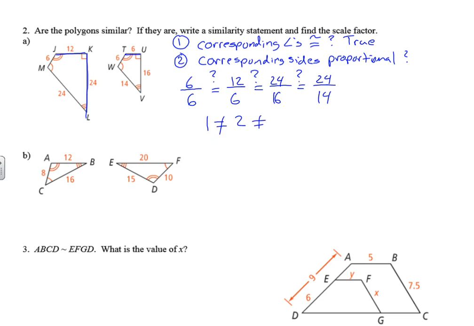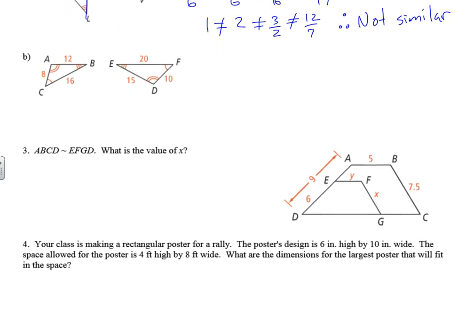This would be 3 halves, which doesn't equal 12 sevenths, okay? So therefore, they are not similar, because it doesn't meet both of those criteria. It's not just enough to have the angles congruent, we need the sides proportional.